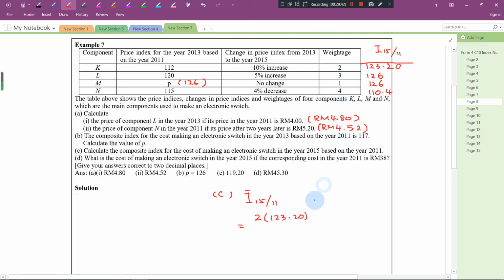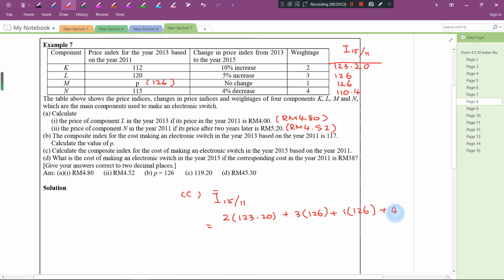2 times 123.2, 3 times 126, 1 times 126, 4 times 110. And then divided by the total weightage, which is equal to 2 plus 3 plus 1 plus 4.